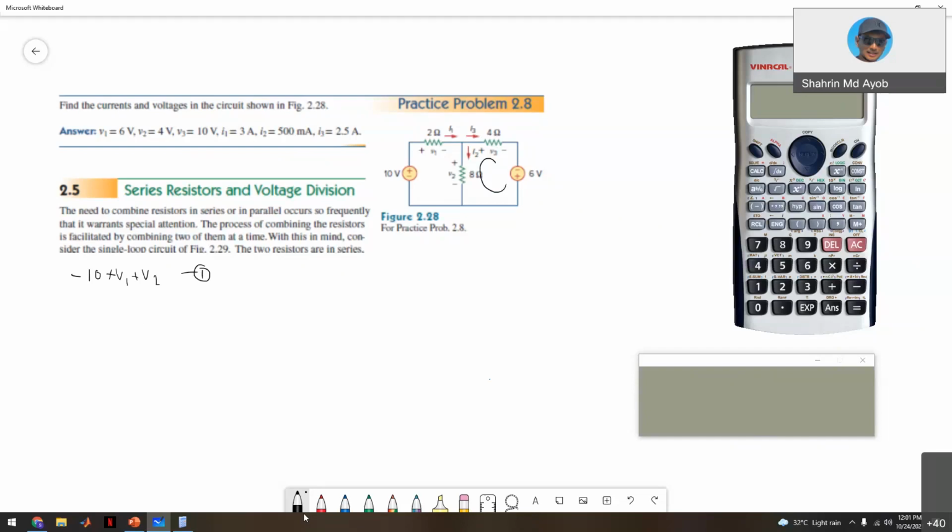From the second loop, we see negative first, so we follow: negative V2 plus V3 minus 6 equals 0. So you have negative V2 plus V3 equals 6. This is your equation 2.